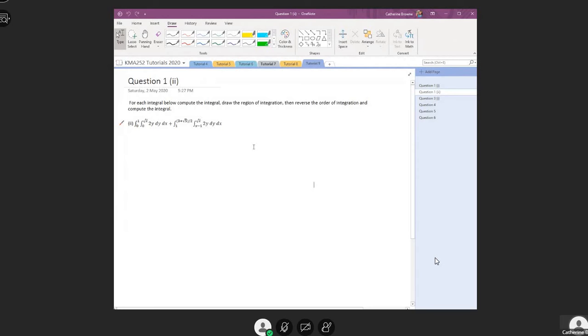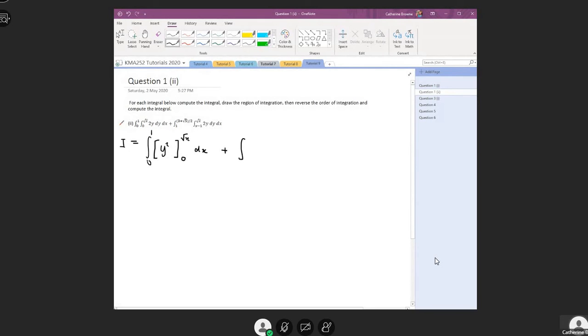And so in this case, we've actually got 2 integrals, and so the integral we want to solve, so the first one, we're integrating first with respect to y, 2y, so we get y squared, and we're integrating that from 0 to root x, and we still have to integrate with respect to x.